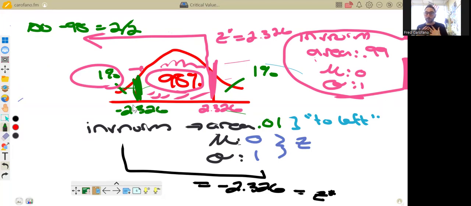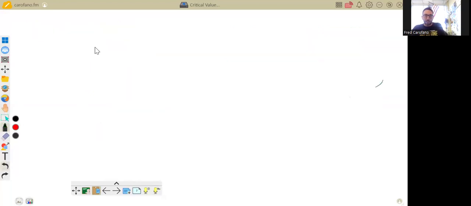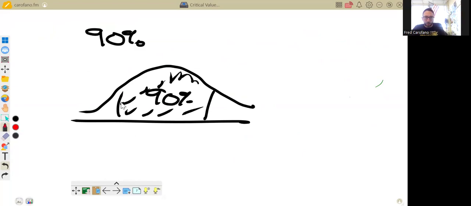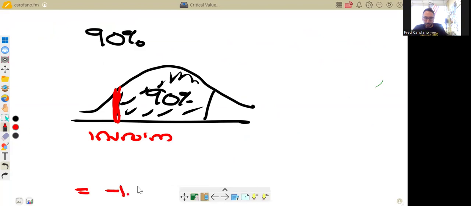Now, to me, it's all about drawing the picture to figure out the area. So if I jump ahead, let's say we were looking at 90% confidence. I think right now would be a good idea to pause the video. We can draw a picture, 90% in the middle, and kind of think about what would you use as your area here for this red spot. If you get it right, you should get negative 1.645 on your calculator.